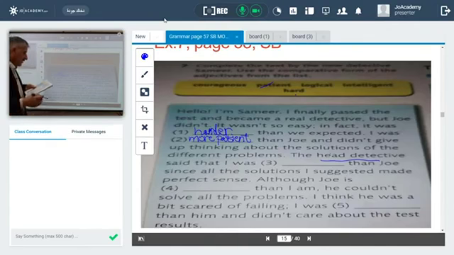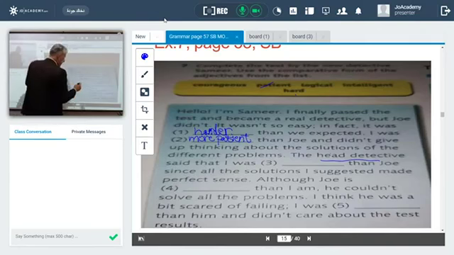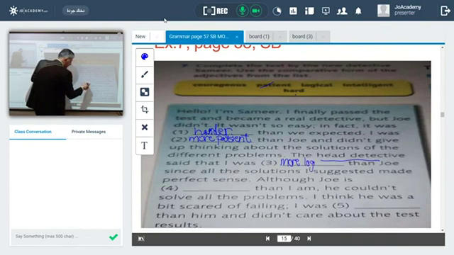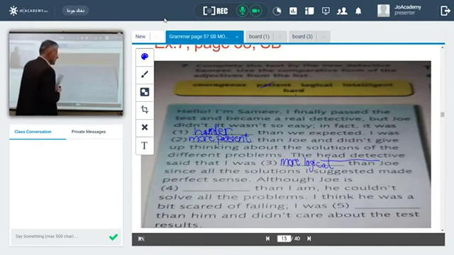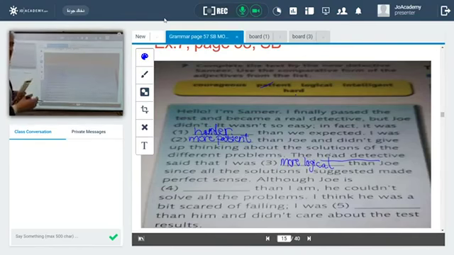He was more logical than Joe. أكثر منطقية. More logical than Joe, since all the solutions I suggested made perfect sense.